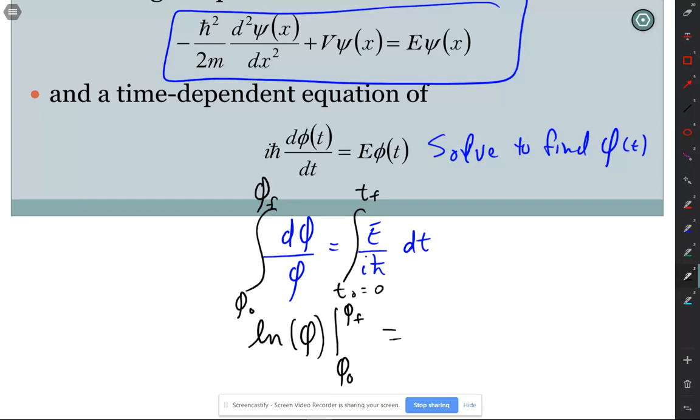It's tough. I put in the limits already because it was going from 0 to t final. Now notice I moved the i from the denominator to the numerator, which introduced a minus sign as well. Why did you do that?